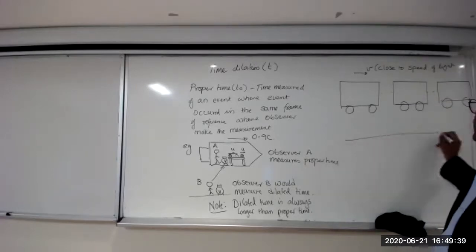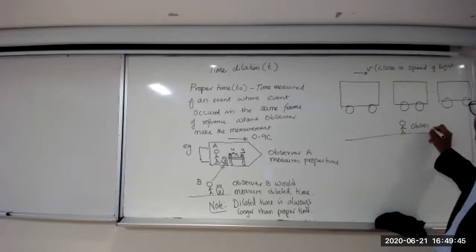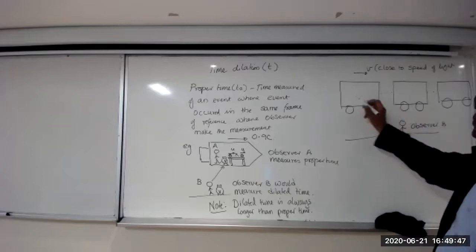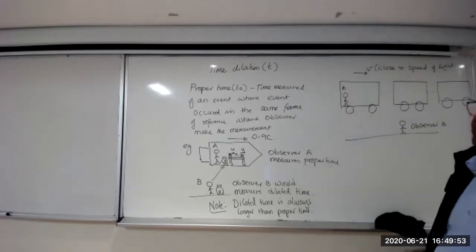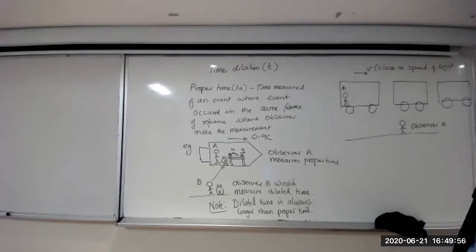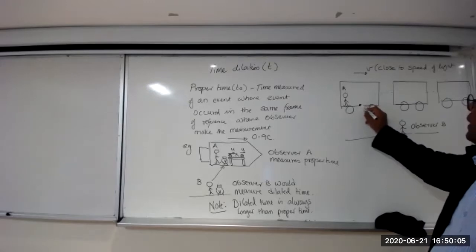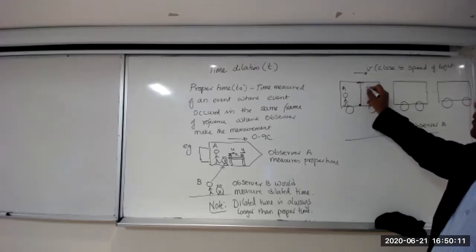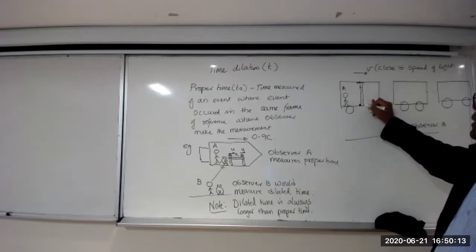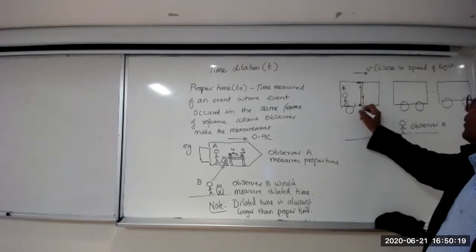So there is an observer on the ground, say observer B. That's observer A. He's conducting an experiment. He's sending a light beam from the ground, and timing how long it takes to hit the ceiling and then coming back. So he's measuring the time for one direction, from P to Q.